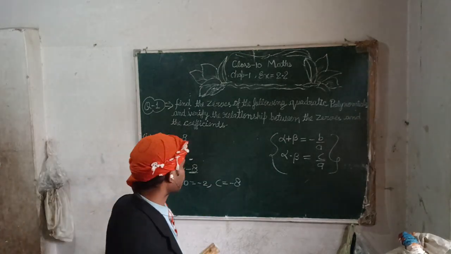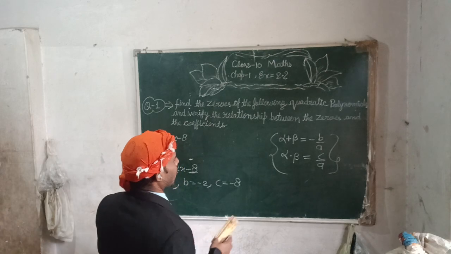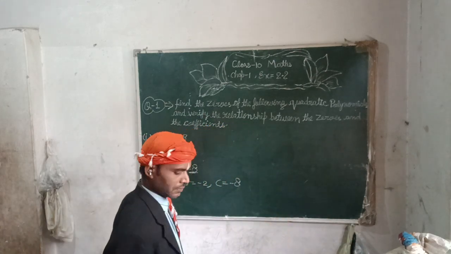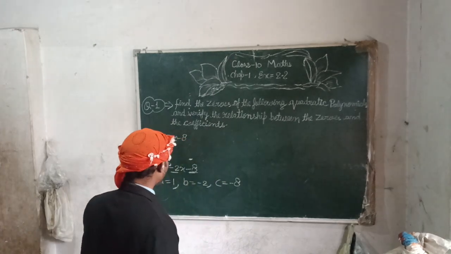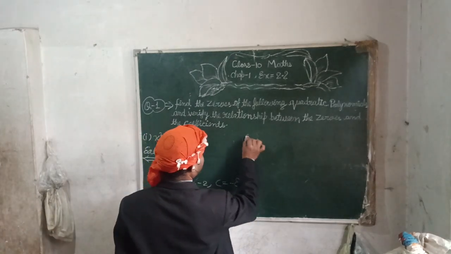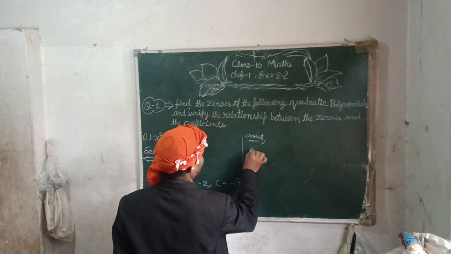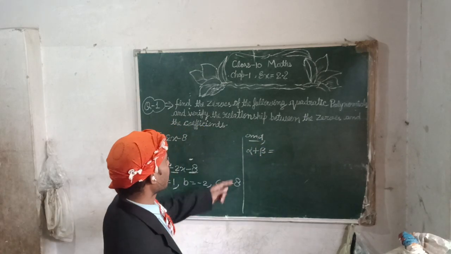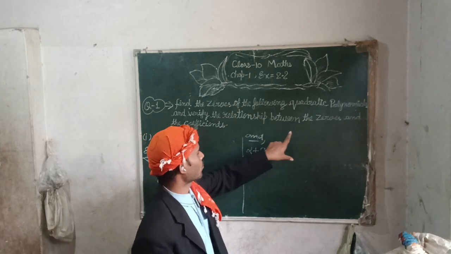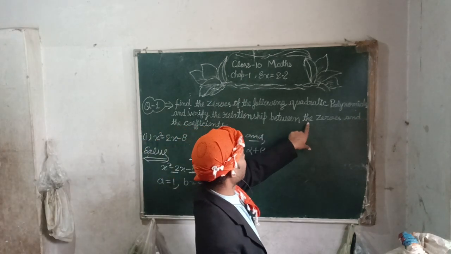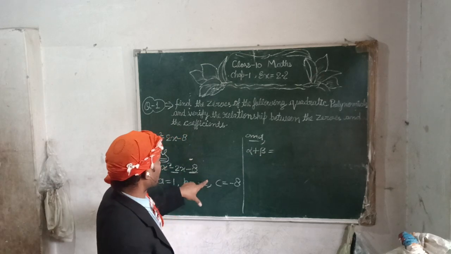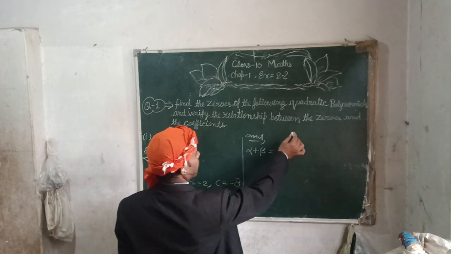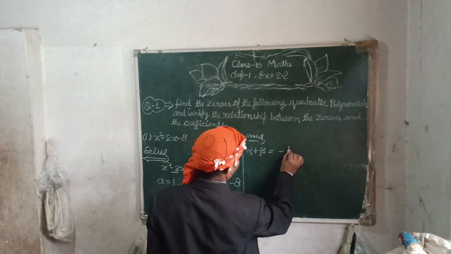Okay, my dear students, alpha plus beta is the relation of the zeros. The relation between the zeros and coefficients: alpha plus beta is minus b upon a.